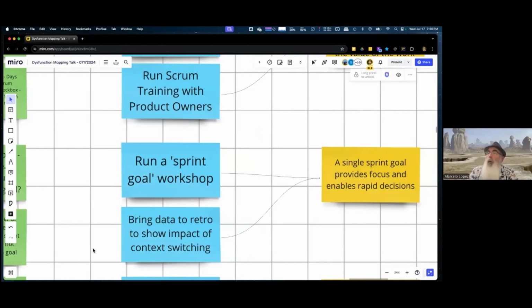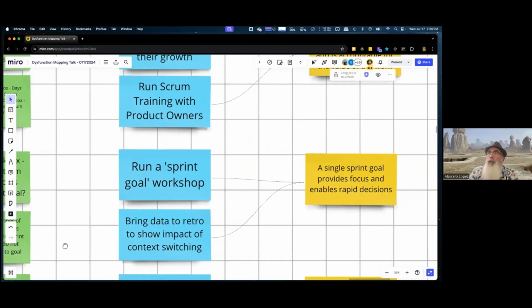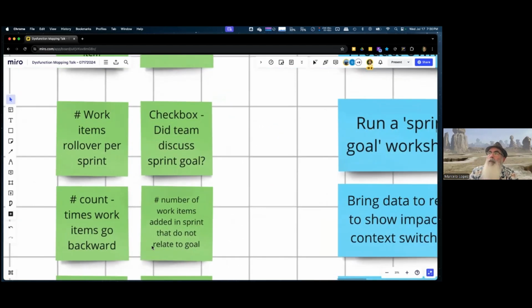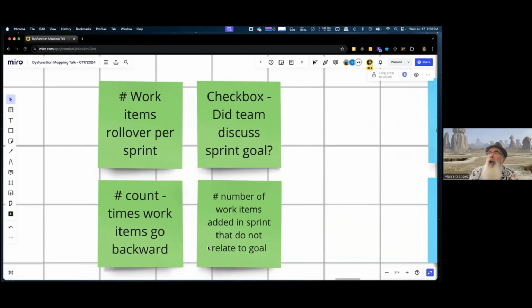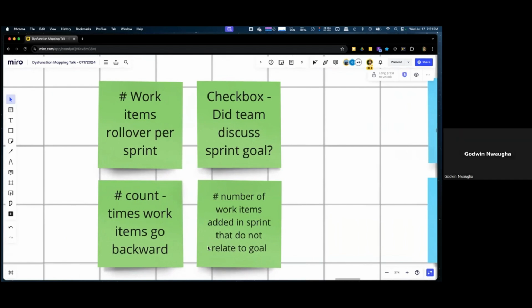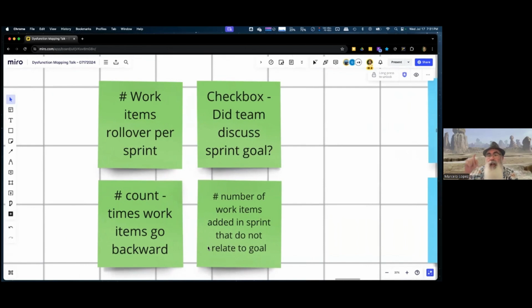Just saying. So with that data and that sprint goal workshop, we're going to then decide how are we going to measure if it's changing or not. Well, since one of the things that Steve said in the retro was, hey, rollover items. Well, let's count them. Do we have as many rollover items as we used to? Before we accept something is done, Steve's going to say, hey, did you look at how this affects the sprint goal?